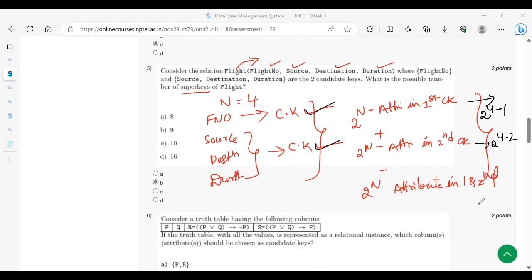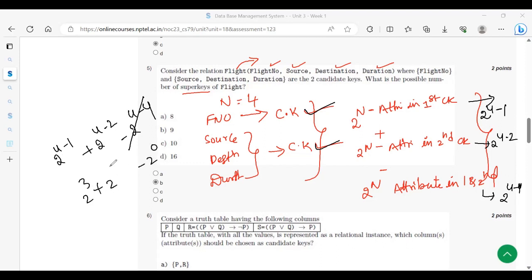And the last one, the attributes in 1 and 2, so this is 2 power 4 minus 4. So the final answer is 2 power 4 minus 1, plus 2 power 4 minus 2, minus 2 power 4 minus 4. This will be minus 2 power 0. This will be 2 power 3 plus 2 power 2.